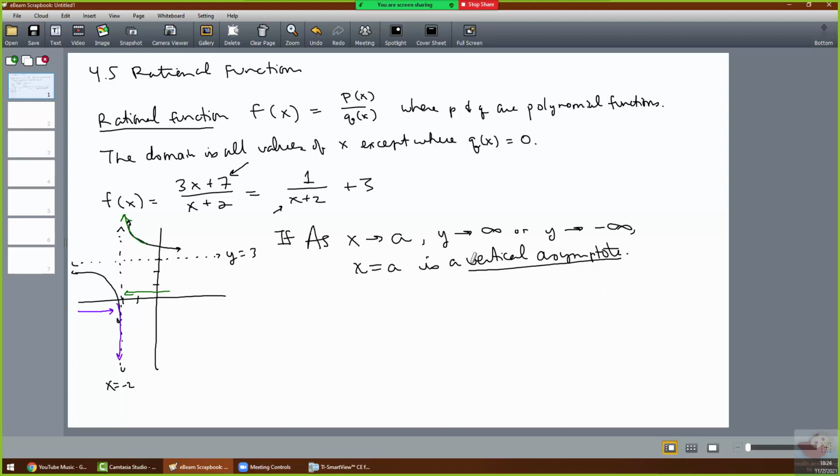So as x gets closer to a number in either direction, and at the same time the y's are shooting off towards infinity or negative infinity, that's where a vertical asymptote comes from.